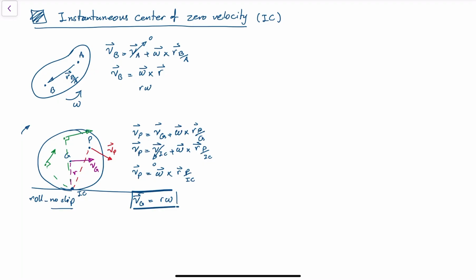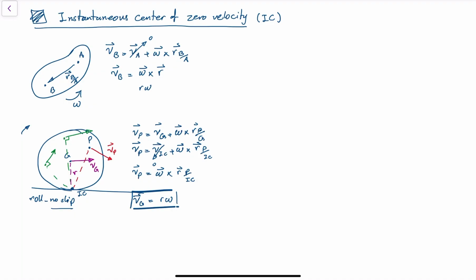I hope I made the case clear that if you can find a point on a body that has zero velocity, your calculations of velocity will be significantly simpler. All you need to know is the direction and the distance to that point, and you're all set.